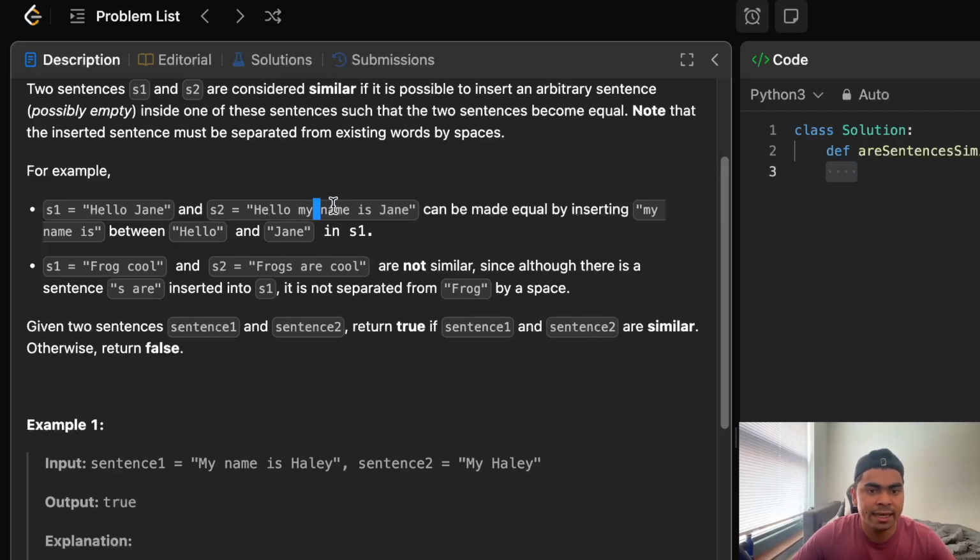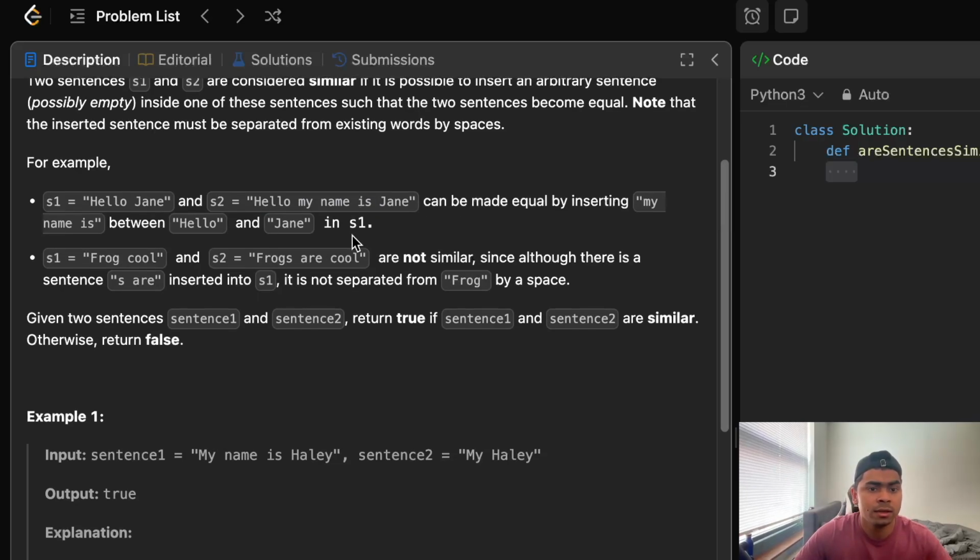When you're inserting inside S1, it also has to be with spaces. If we insert "my name" into "Hello Jane", this becomes sentence 2. So in this case we will return true, because it doesn't matter which one you're converting, although in this case, because S1 is smaller, you're converting S1 to S2 by inserting something in the middle.